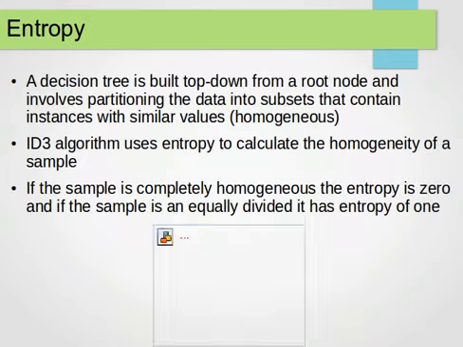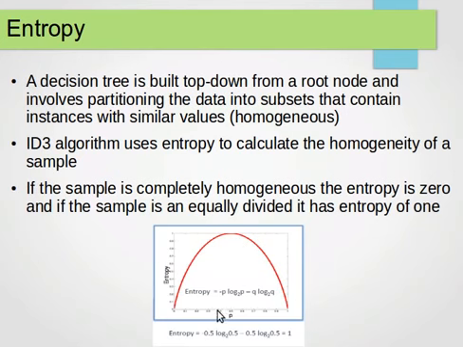If you look at this diagram, we have probability here 0.1, 0.2, 0.3, 0.4 until 1, and here we have the values of the entropy 0.1, 0.2 until 1. At this point here, 0.5, we have the entropy equals minus p log 2 p minus q log 2 q. Let's say p and q are two values now at 0.5, so things are equally divided.